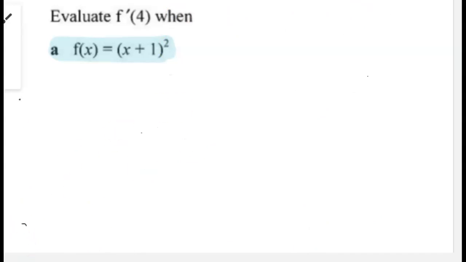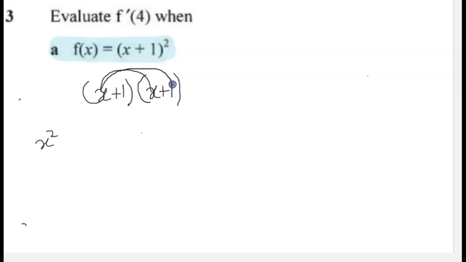So let's say on the second one, this is x plus 1 squared. First thing is you need to open this. So x plus 1 squared is x plus 1 and then another x plus 1. When you multiply this times that, it will give you just x squared.